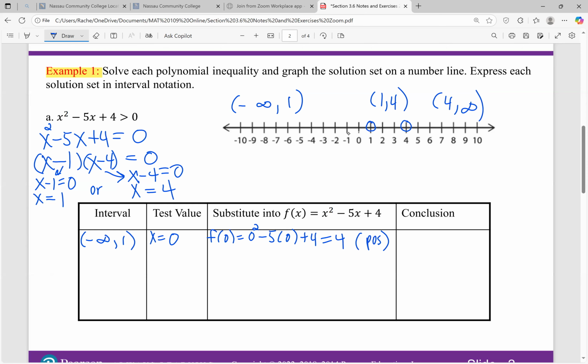So what's going to be true is any number that I pick from negative infinity to 1, I'm always going to get a positive number when I plug it in. So we can conclude that the value of my polynomial expression is positive, or we would write that saying greater than 0, right? For all values of x in the interval negative infinity to 1.